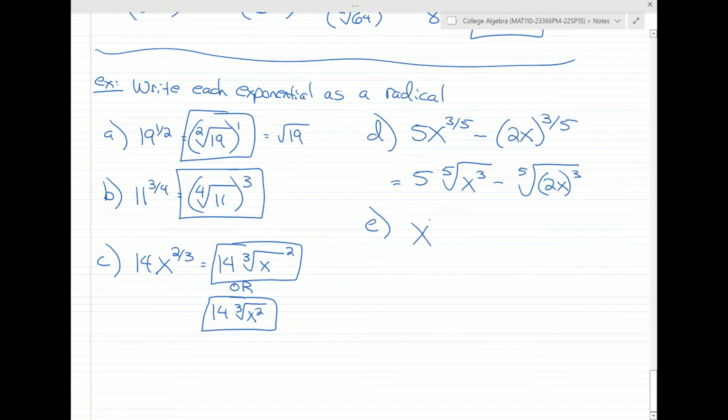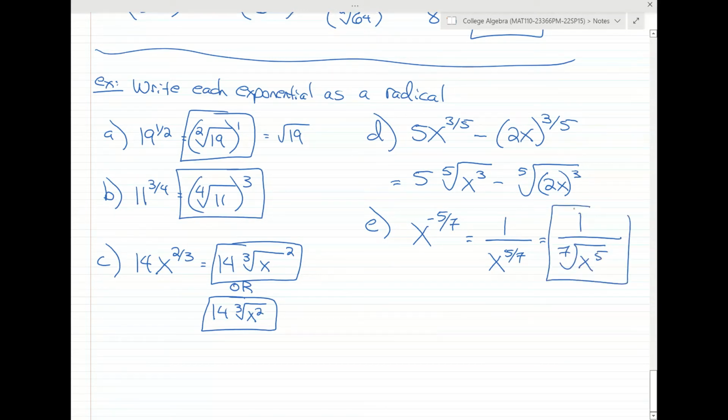About x to the negative 5/7. We switch the position. Write the 7th root of x to the 5th. And we could either put the 5 inside the radical or we could put it outside. The property says either one is fine.